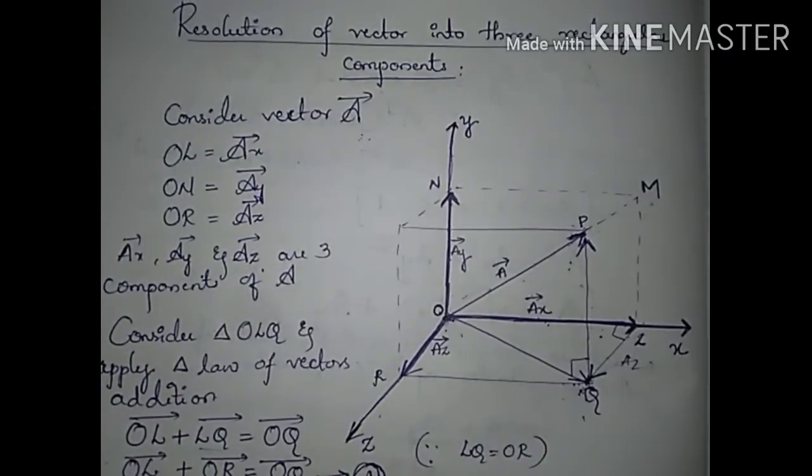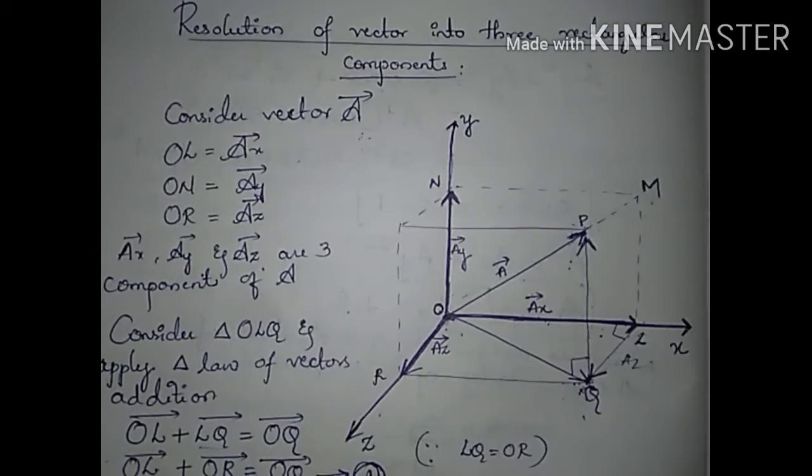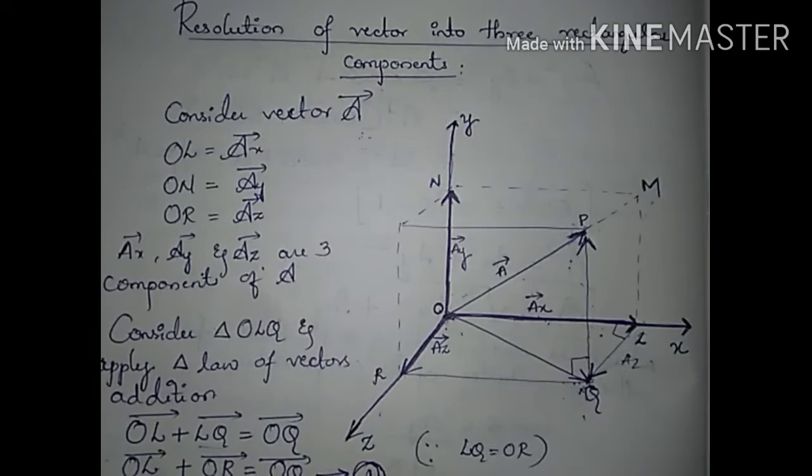If you draw the rectangle, it will be easy to consider the triangle and apply the triangle law of vector addition, and finally to find the magnitude of vector A.